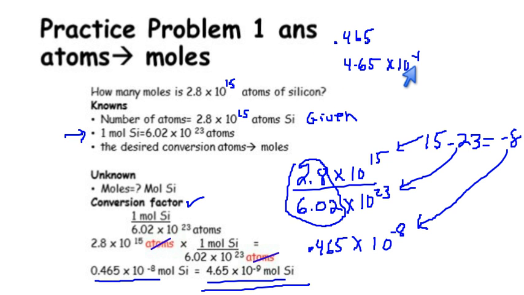And so it's 10 to the minus 1 plus 10 to the minus 8, so that's how I got 10 to the minus 9. And that's where I got 4.65 times 10 to the minus 9. Okay, so that's atoms to moles.